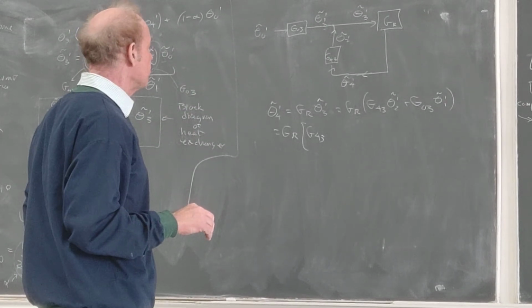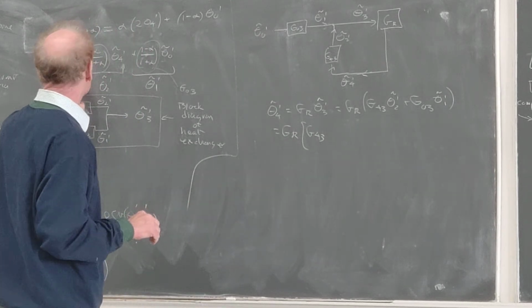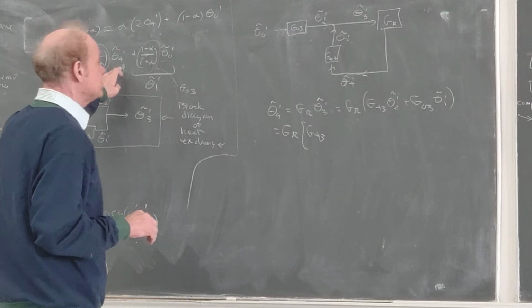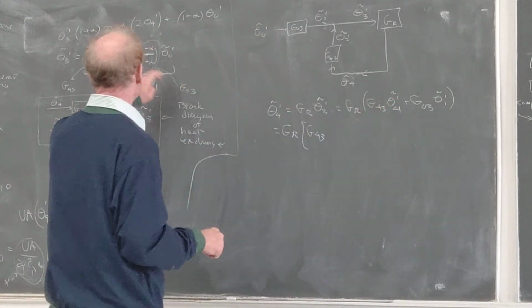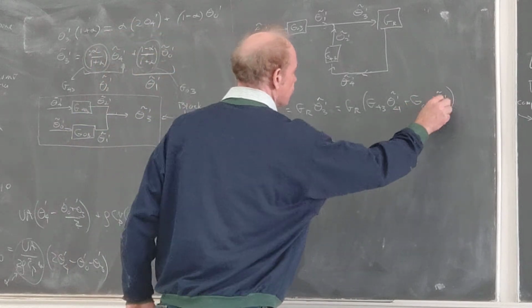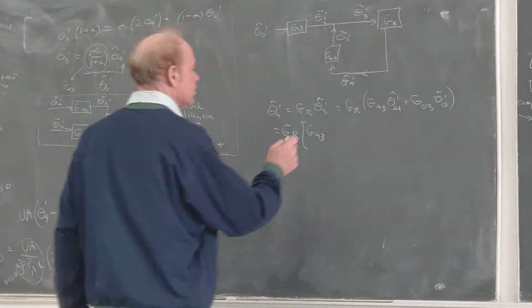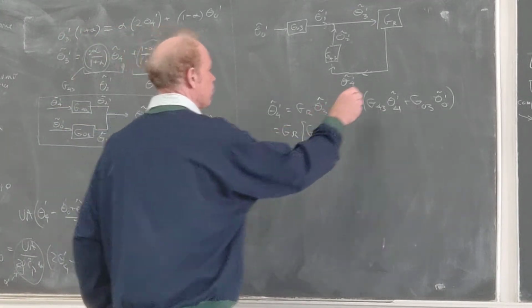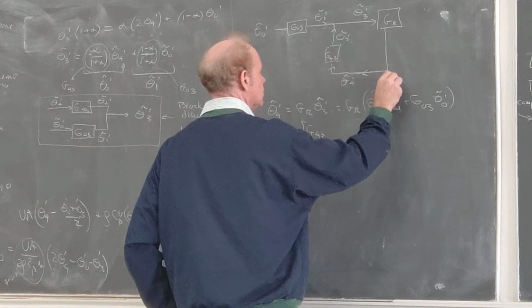I think I'm getting ahead of myself. This is G43 times theta 4, and this was G03 times theta 0. Actually, I have it already. I skipped the step where this thing was theta 2 prime tilde.